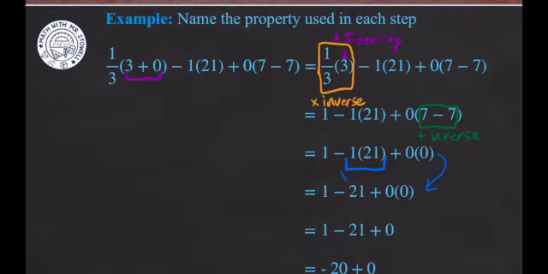Oh, that's a multiplicative inverse. Actually, it's not the inverse because it stayed the same. I should have said multiplicative identity. For the next step, we did the 0 times 0. That is our multiplicative 0 property. Let's just say the multiplicative 0.